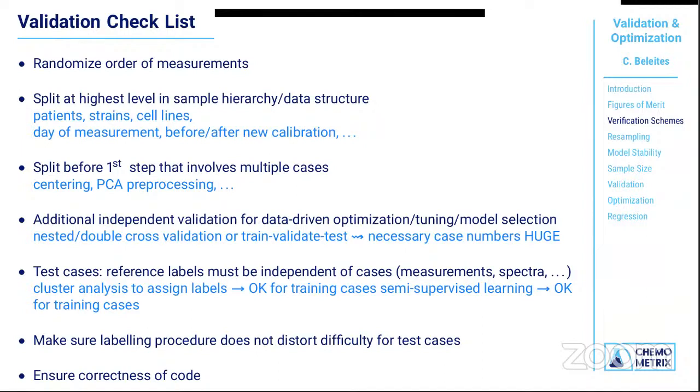And the result was that there was an extremely easy data set. But of course, this was of no relevance for the application because, well, no doctor worries about the textbook clear case. They all worry about the complicated ones, and they have been excluded. And then last but not least, make sure your code is correct.